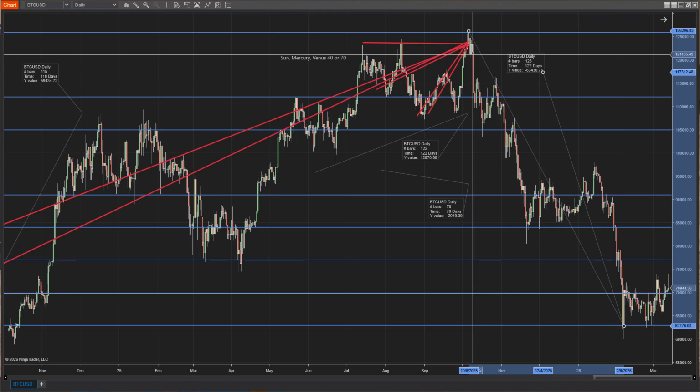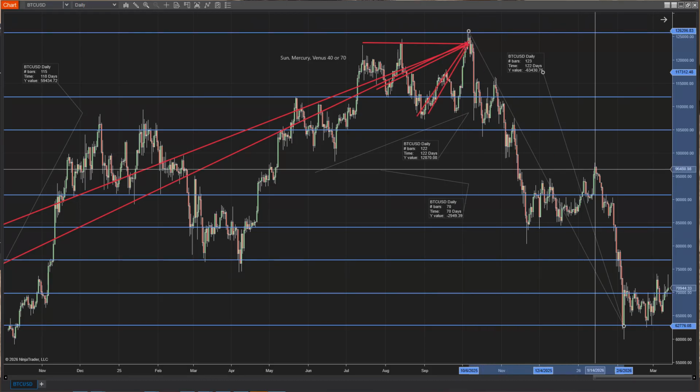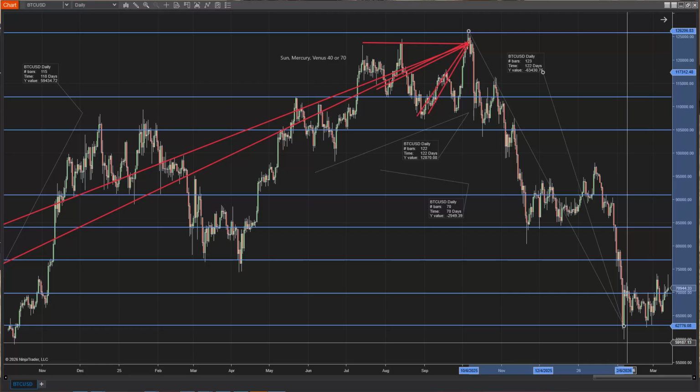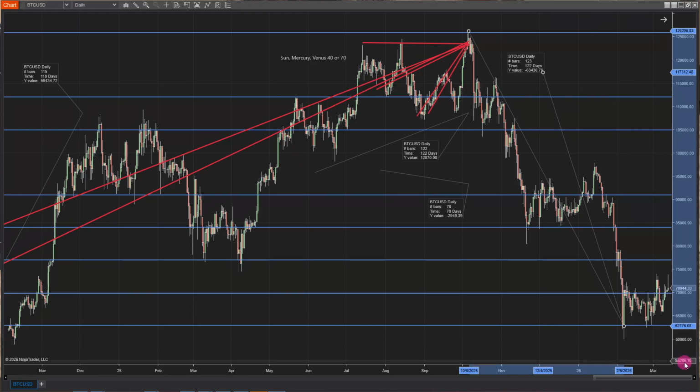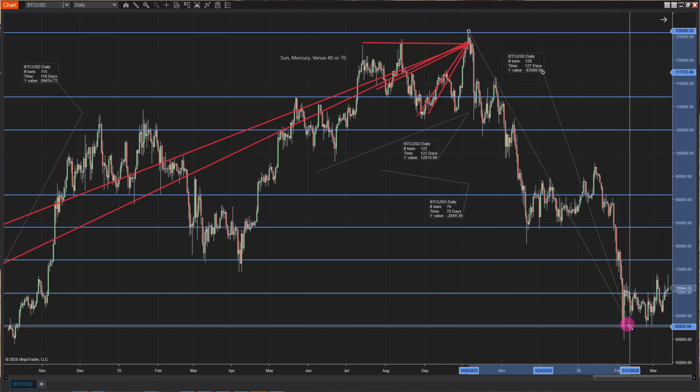The first one coming from the all-time high, the wave A down, the B up, the wave C down to this low is a little bit over the 63,000. Now, sometimes the wicks can be deceiving. You may want to go to the lowest close or the highest close in a move.